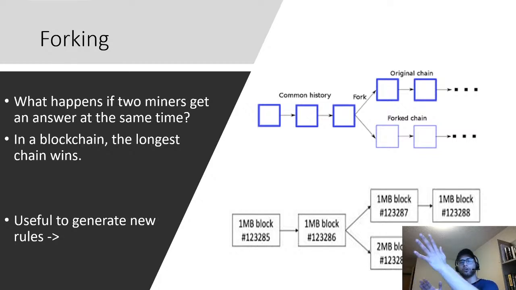One with the original block size and one with the new double block size. And then the people decide which chain they want to go on. And this is a real situation. Bitcoin and Bitcoin Cash are two forks because the people in the Bitcoin Cash community wanted to increase the block size, whereas the people in the original Bitcoin community didn't want to do that. And so sometimes forking is actually really, really good as well.